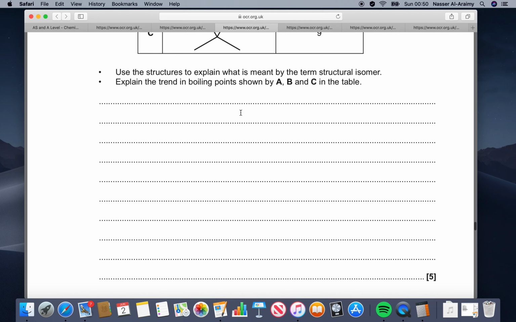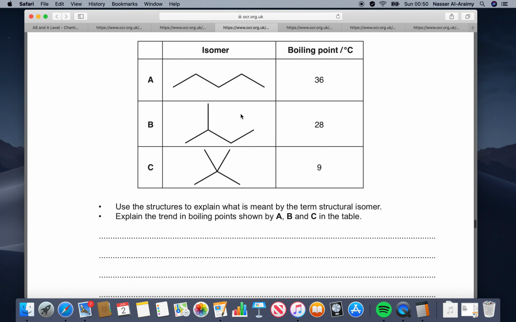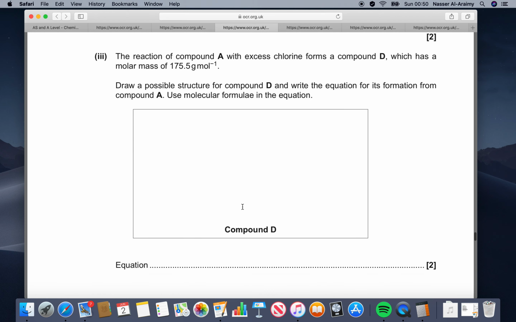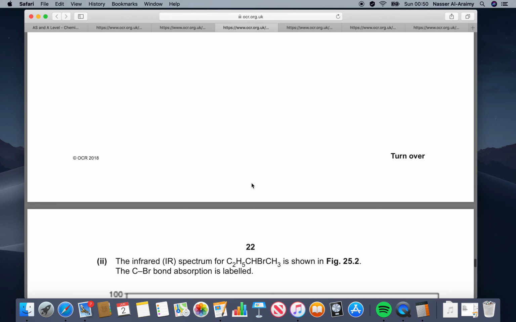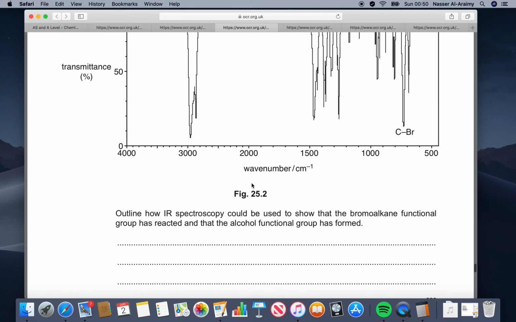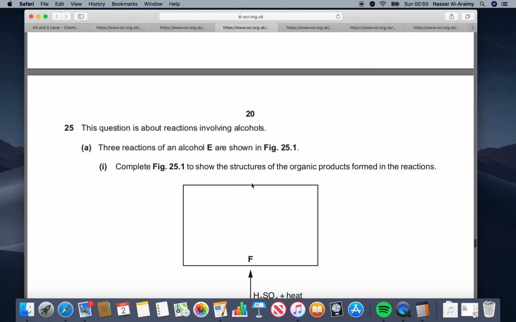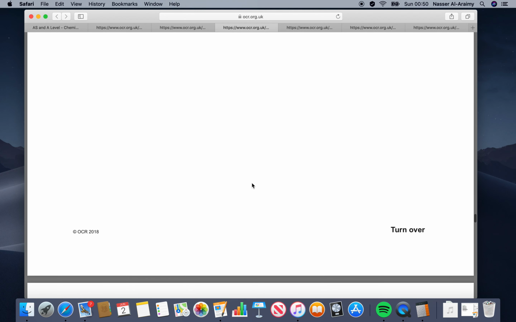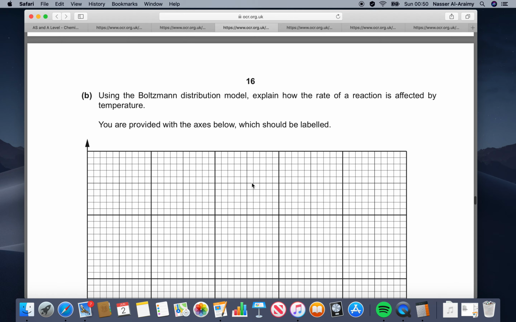That's a 5-mark question. That's a long question. So there is a wordy question that you have to answer, but generally the questions are all quite 2-mark, 3-mark questions. 4-mark question for that one.